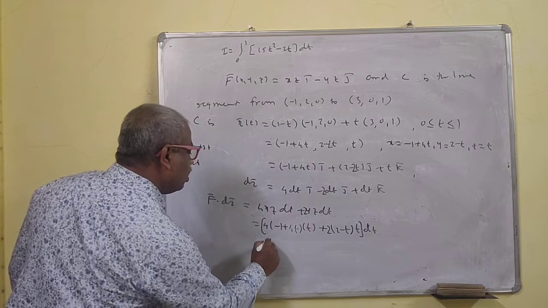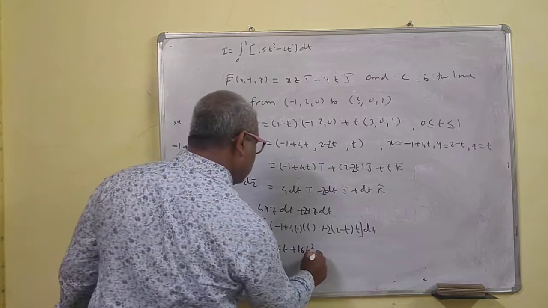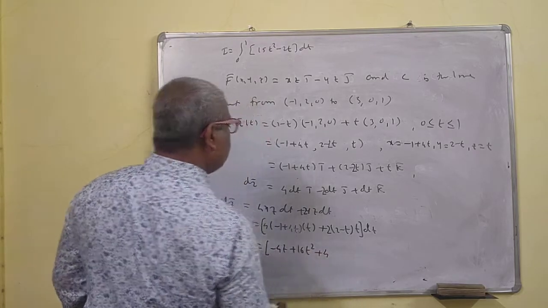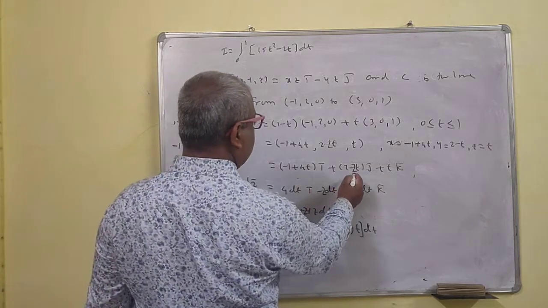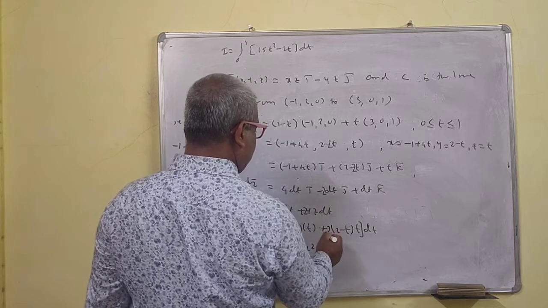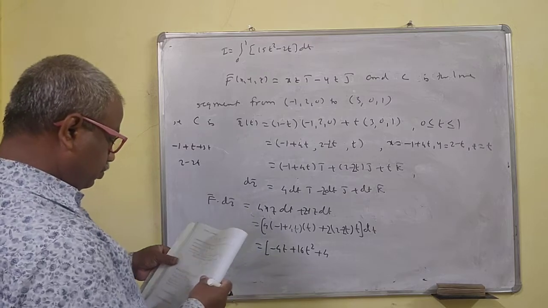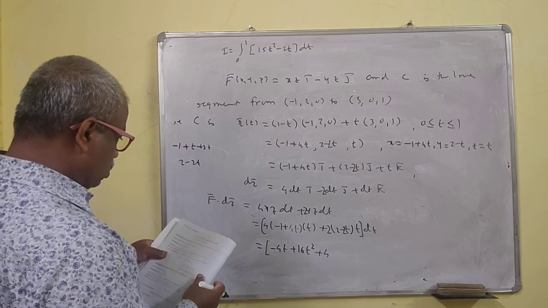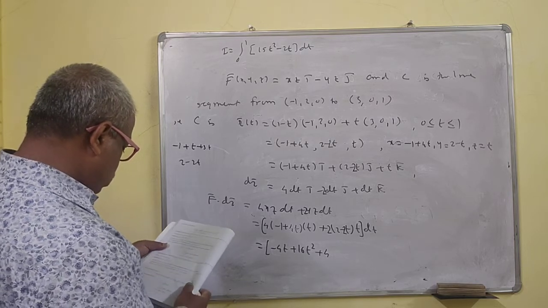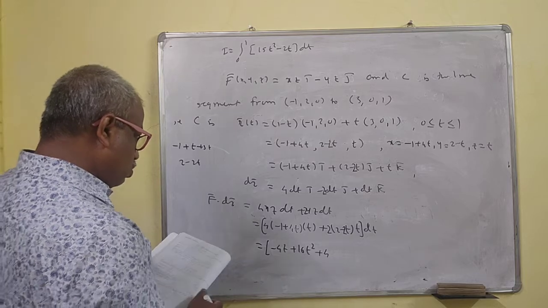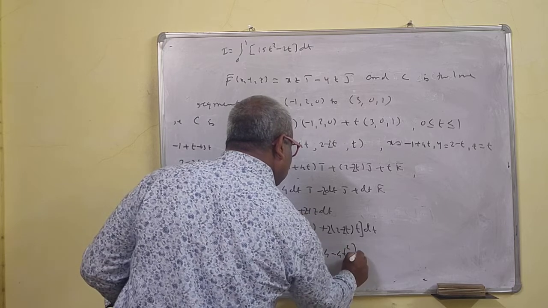So this is what then, minus 4t plus 16t square plus 4, so this minus 2 dt. Okay, here plus 2 minus 2t now, plus 4 minus 4t square dt.